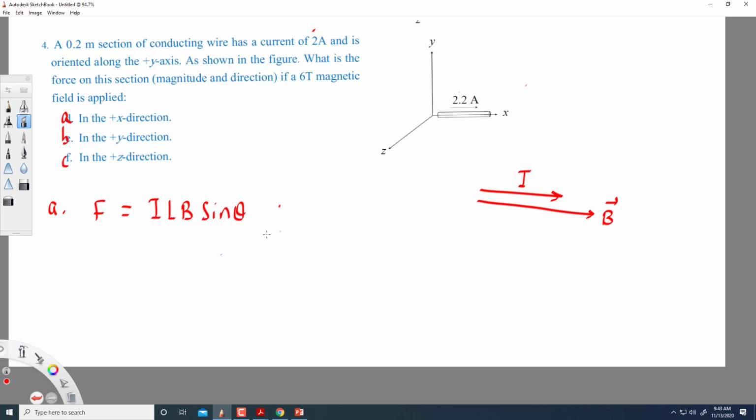What's the value of sine of 0 degrees? Sine of 0 is 0, right? So something times 0 is 0. That means the force on this wire when the magnetic field is pointing to the x direction is 0.